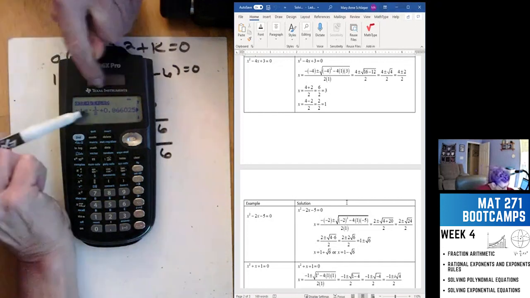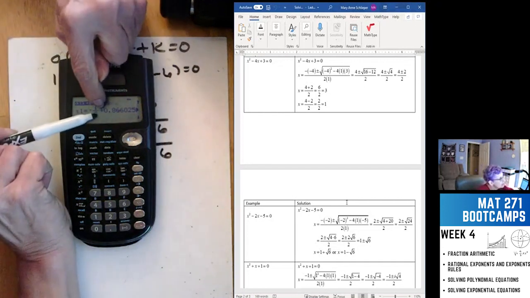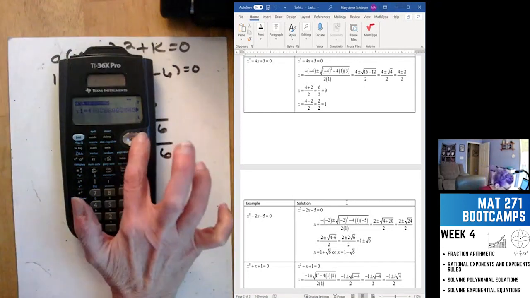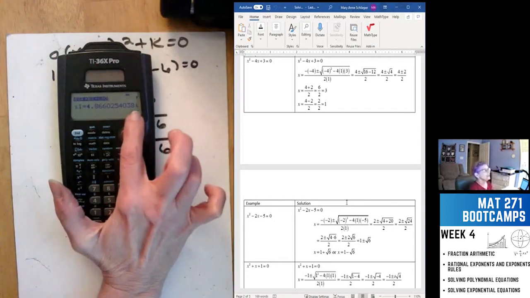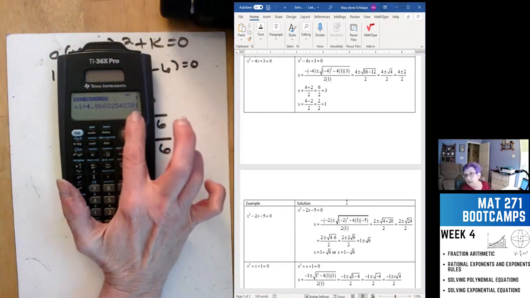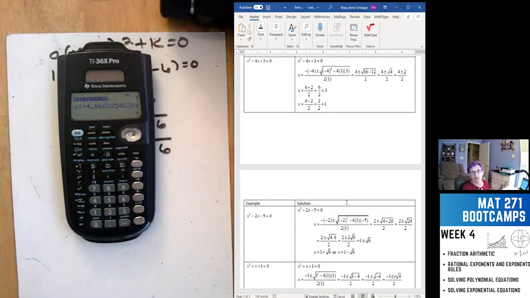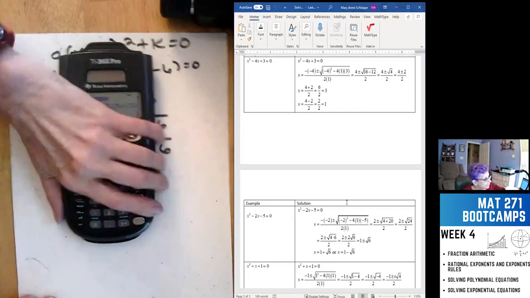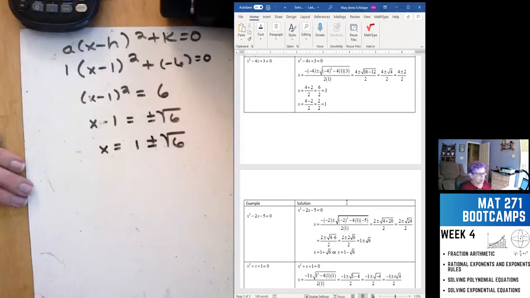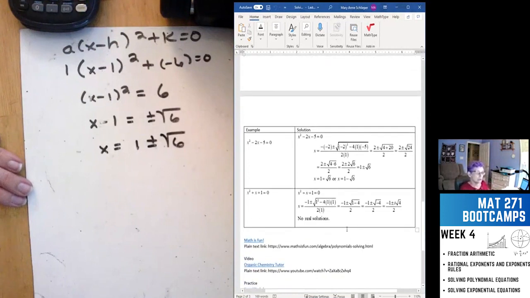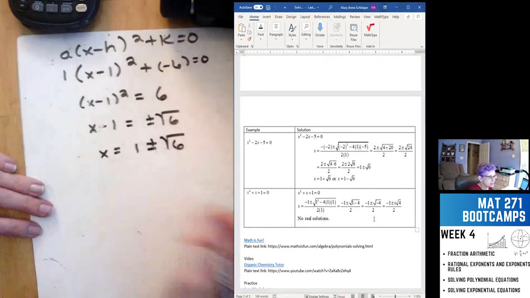As soon as you see that your answer has this plus sign here, you know there's an i sitting there at the end, so you know that there's no real solution. Which means this one has no zeros in the real world. It never crosses the x-axis.